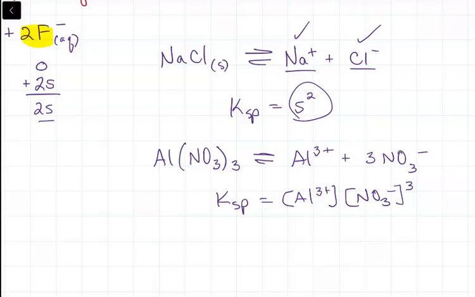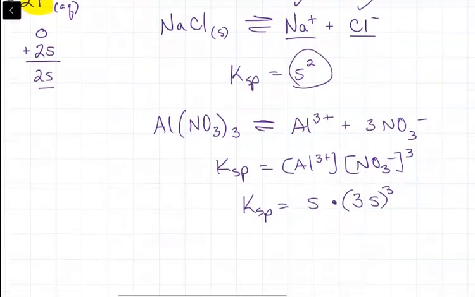We're going to end up with Ksp equal to S times 3S cubed, and so that's going to end up being the same thing as saying Ksp equals 9.